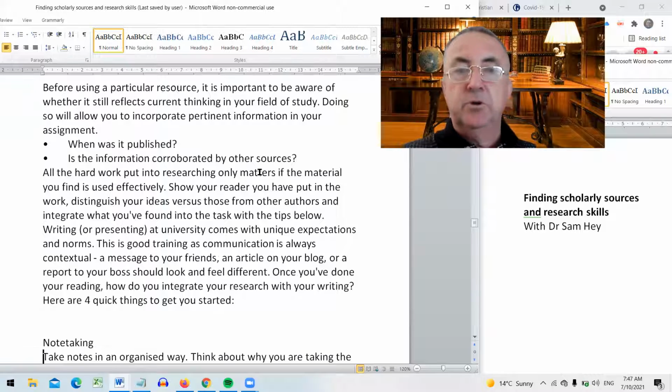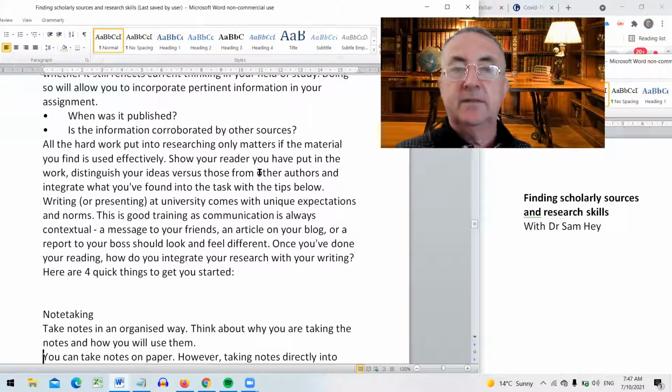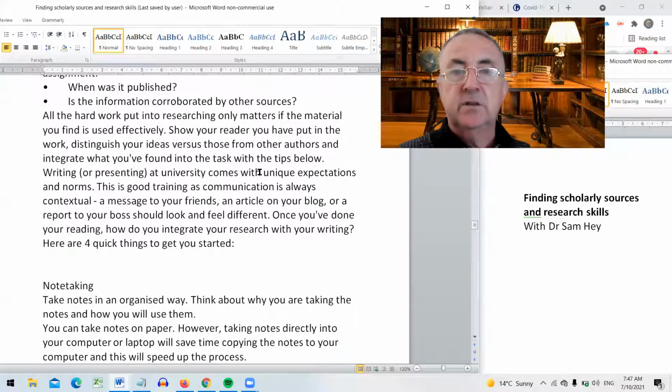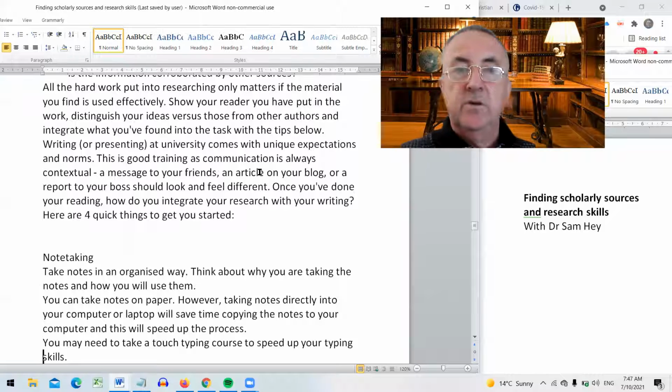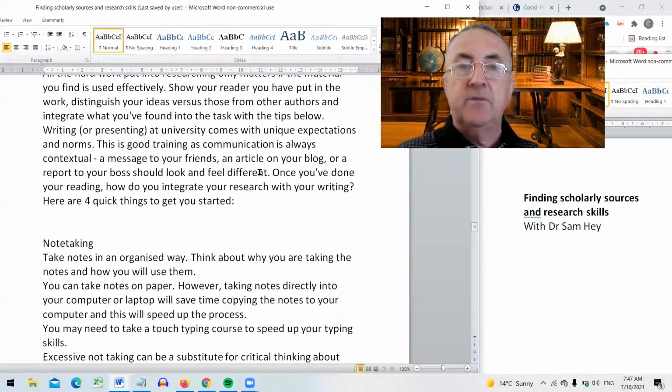So all the hard work put into researching only matters if the material you find is relevant and effective. So you need to show that you've put in the work, that you have distinguished the ideas that you gather and your ideas from the various authors that you have gathered.